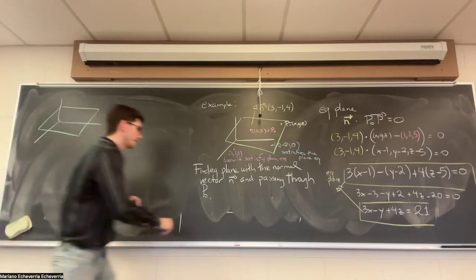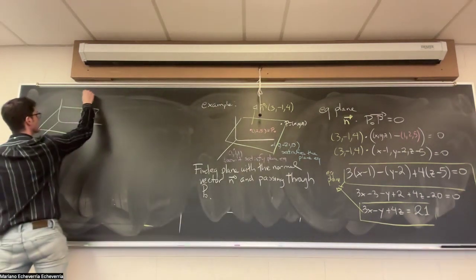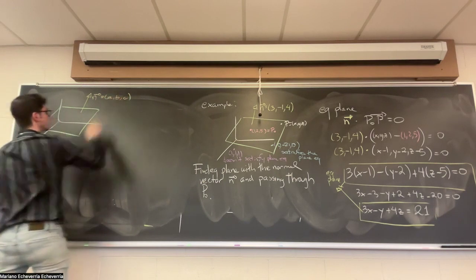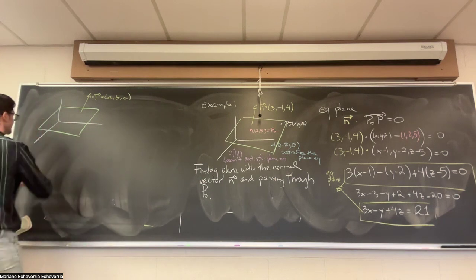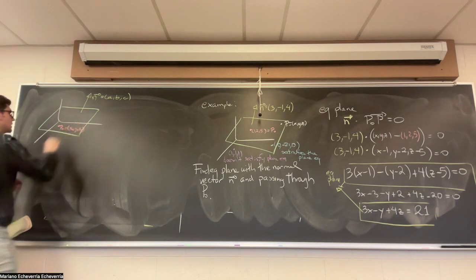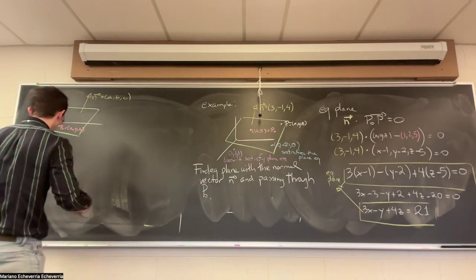So if you have a plane that has a normal vector with entries a, b, c, and the point on the plane is p naught equals x naught, y naught, z naught, then what is the equation of the plane?